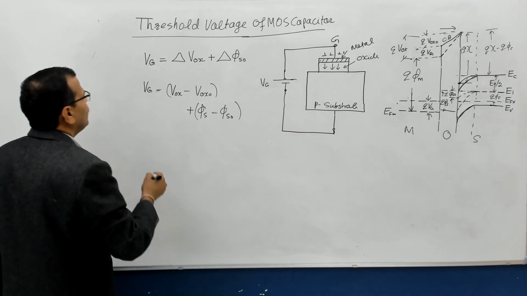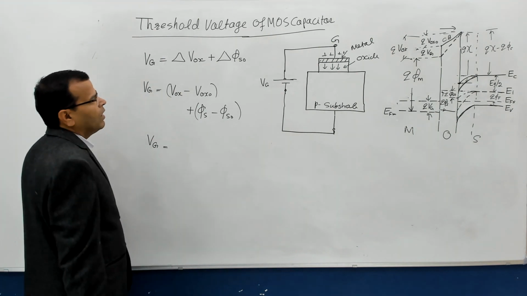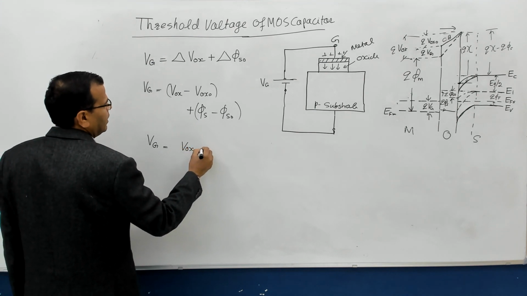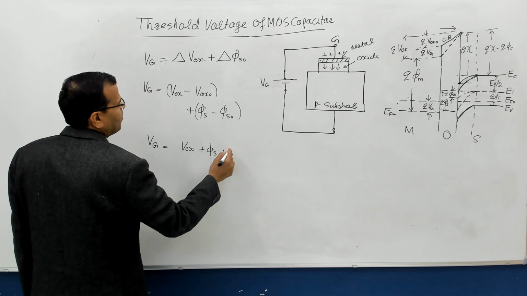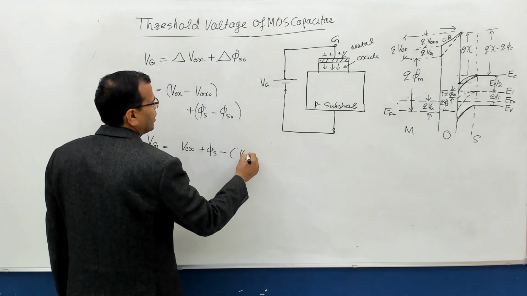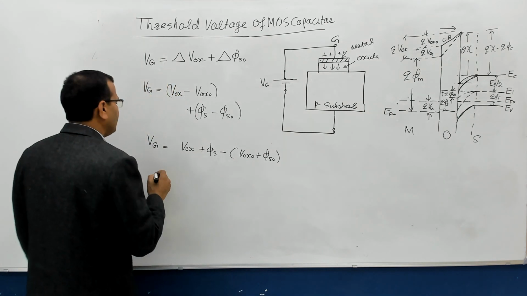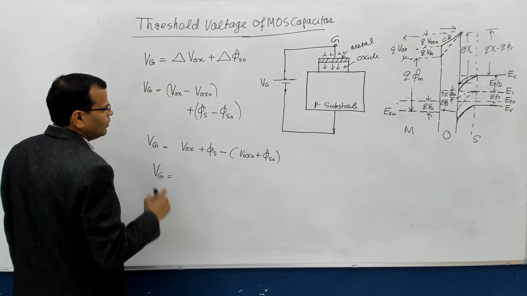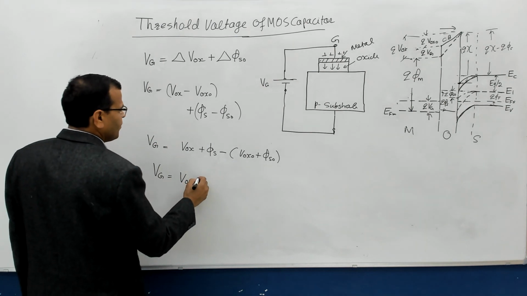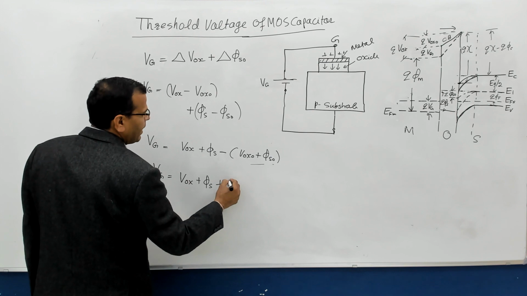So this gives me V naught X plus phi S minus V naught X naught plus phi S naught, and this is giving me the gate voltage Vg equal to V naught X plus phi S, and this is known as the flat band voltage.